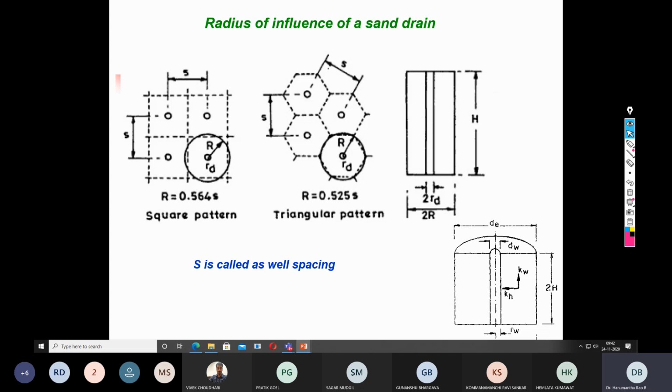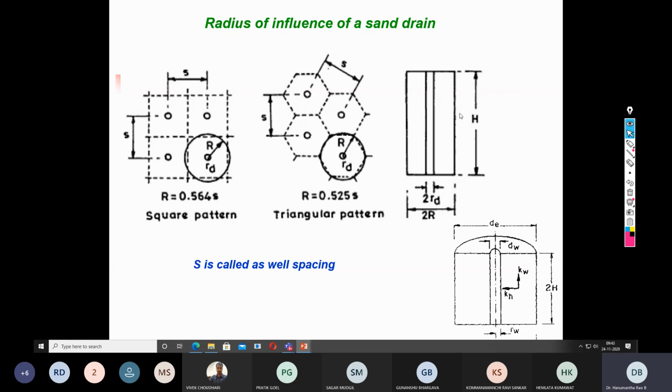Depending upon the pattern that you are adopting, this is how to calculate the zone of influence, capital R. In case of the square pattern, capital R is related to spacing as R equals 0.564 times S, while in case of the triangular pattern, it is 0.525 times S. S is the spacing between two drains, and whether it is a square pattern or triangular pattern is immaterial.